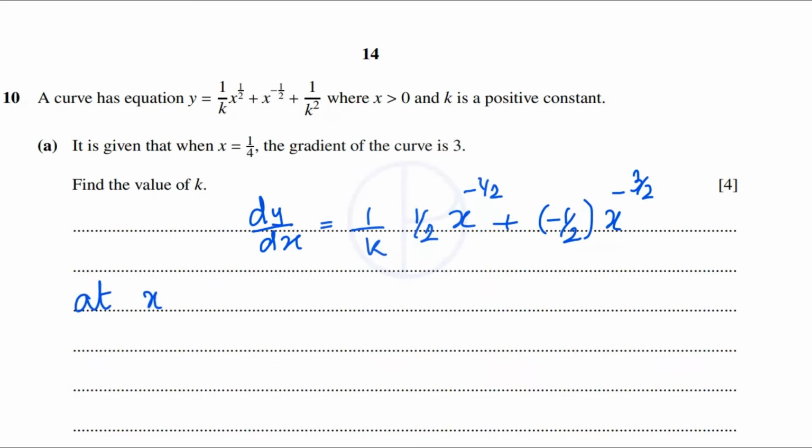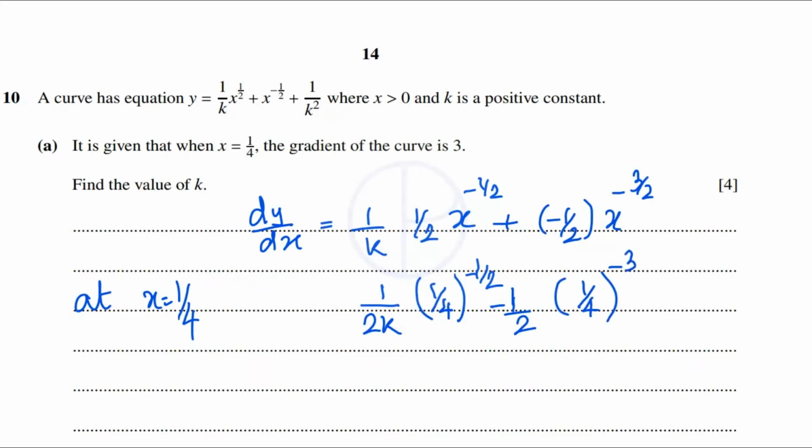When x is 1 over 4, let's substitute x as 1 over 4. So this is 1 over 2k, 1 over 4 the whole power negative 1 over 2, minus 1 over 2 multiplied by 1 over 4 the whole power negative 3 over 2, equal to 3.